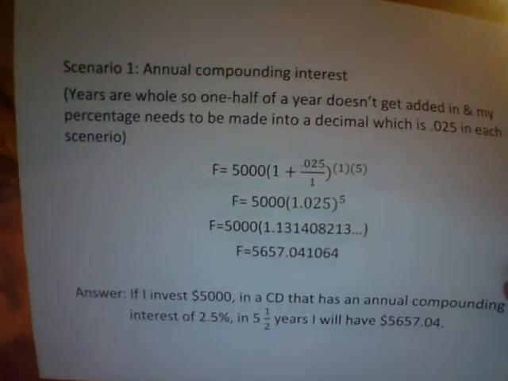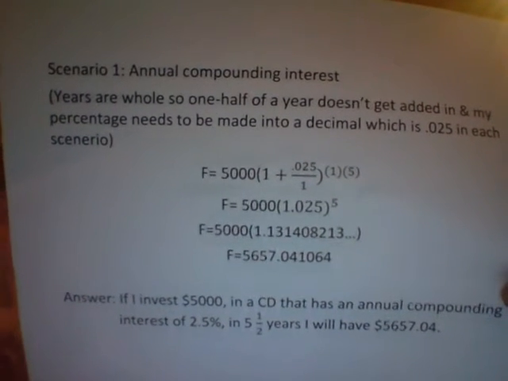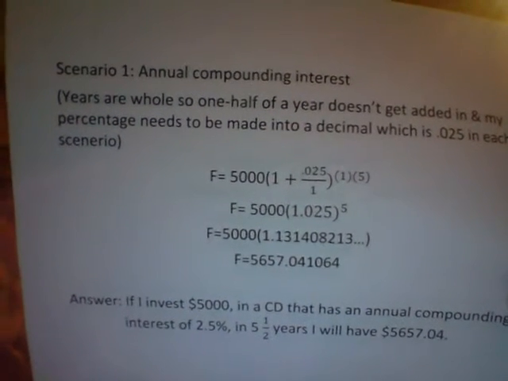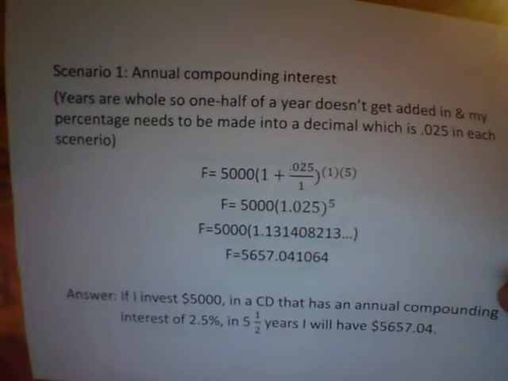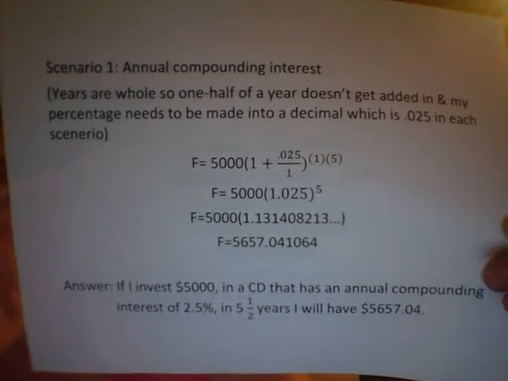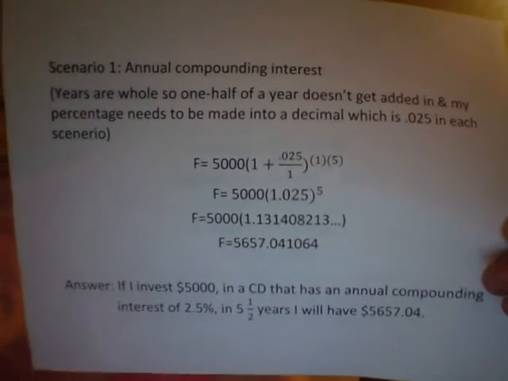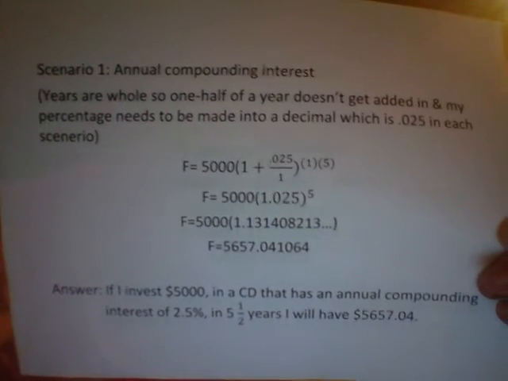F equals 5,000 times (1 plus 0.025 over 1) to the power of 1 times 5. F equals 5,000 times 1.025 to the 5th power, which means that F equals 5,000 times 1.131408213, and on it goes.